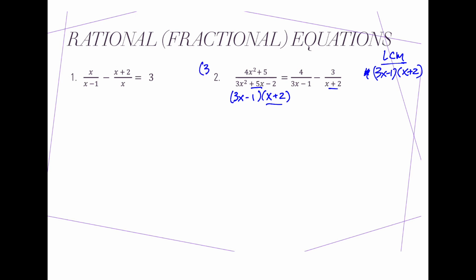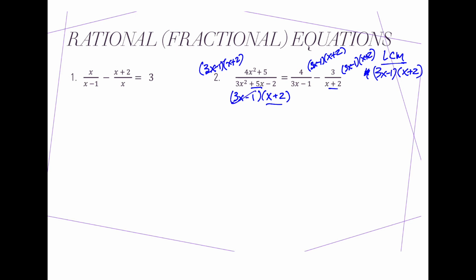This is going to get multiplied by here, so I'm going to try to squeeze it in here. It's going to be for the second one, and both of these are over 1. And for the third one, it's going to get multiplied by 3x minus 1 over 1 times x plus 2 over 1. Right, so it gets distributed to each term.